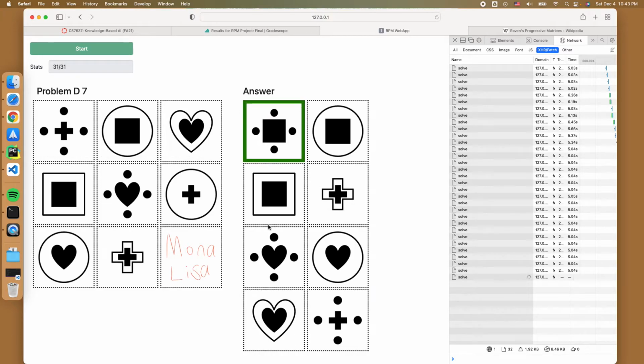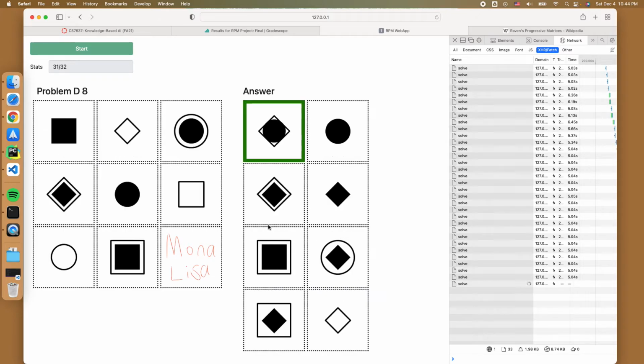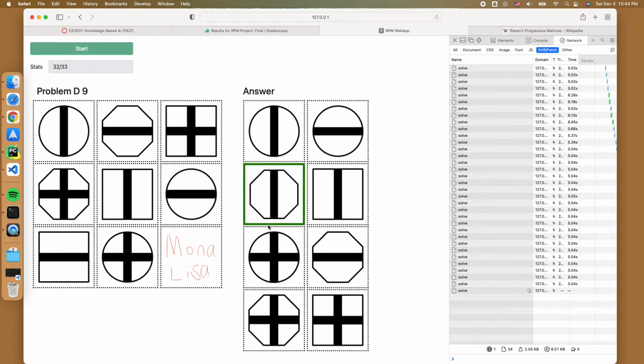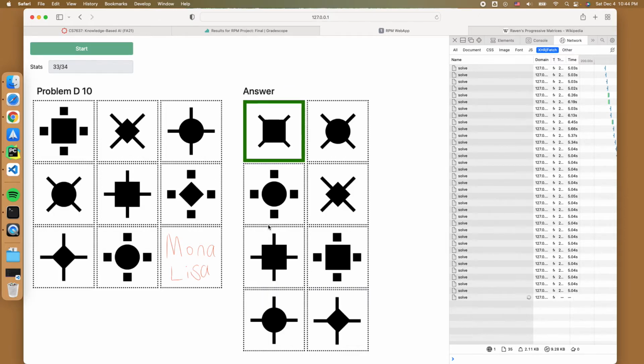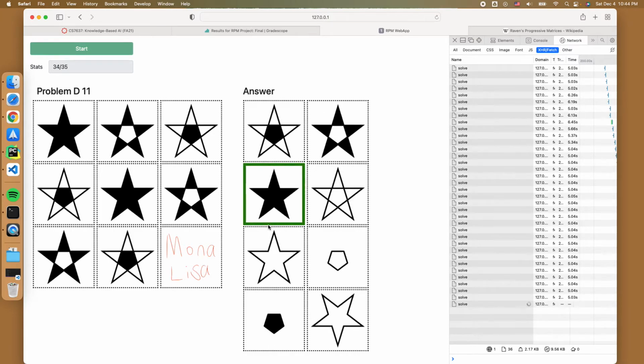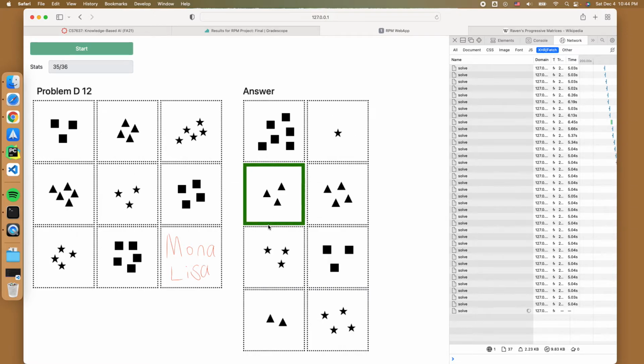And then we make our selection based on our knowledge and reasoning. Then we get feedback from the world. Whether it's the right answer or wrong, it informs the learning. So this is a circular process in knowledge-based AI. Again, we're trying to build human-level, human-like artificial intelligence.